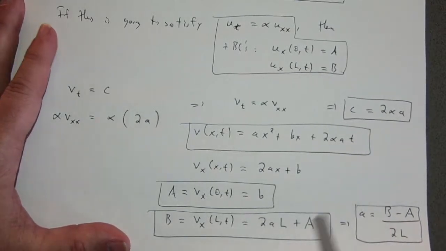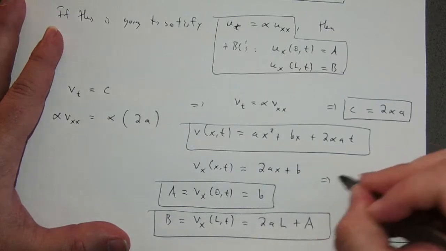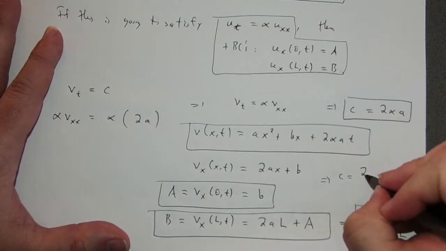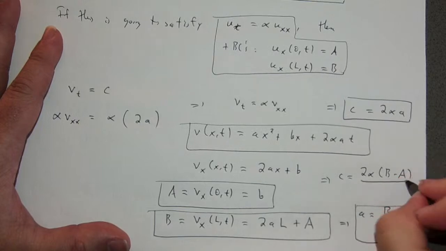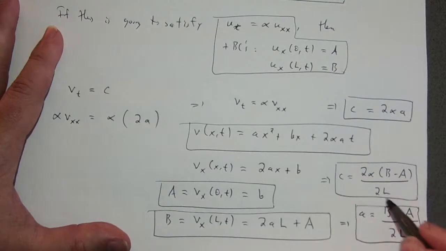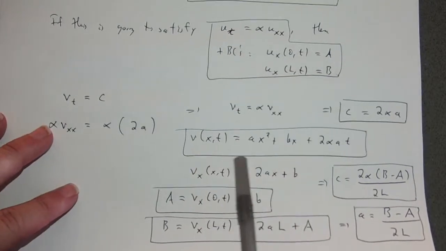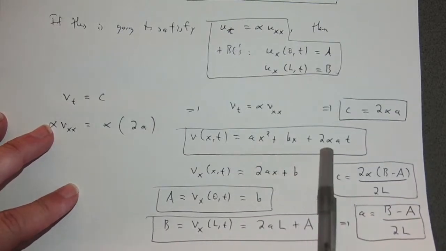So putting c entirely in terms of big B and A, this means that c is 2 alpha times little a, so this is 2 alpha times (B minus A) over 2L. Okay, we could simplify that a little bit if you really wanted to. And so following this form here, v of x,t is little a x squared plus little b x plus 2 alpha a t.